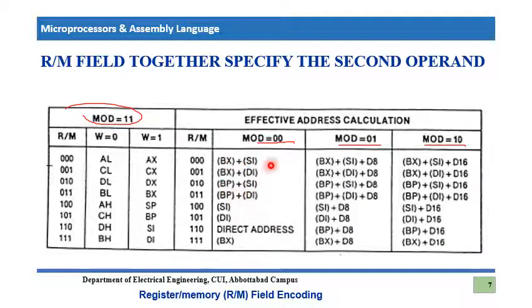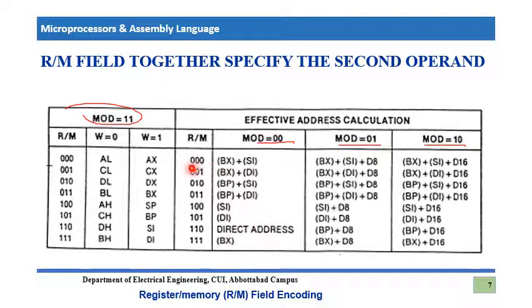These are memory modes without any displacement. Again, it can be simply index mode as well, SI, DI. And if we are using direct address, again there is no displacement, the direct address is given, and base register is given. So these are the options available, and how many options? These are 8 options.